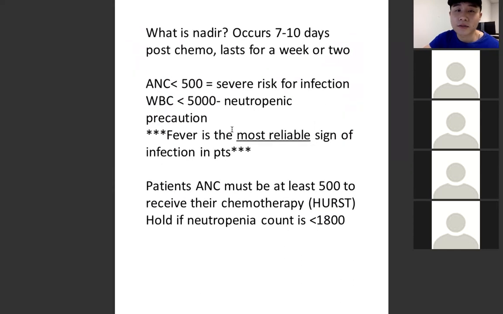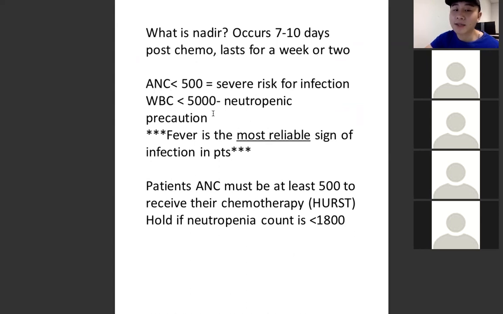Okay, so what is nadir? Nadir occurs 7 to 10 days post chemo and lasts a week or two. ANC less than 500 is at severe risk for infection. ANC is absolute neutrophil count.